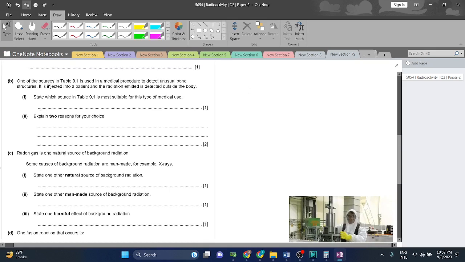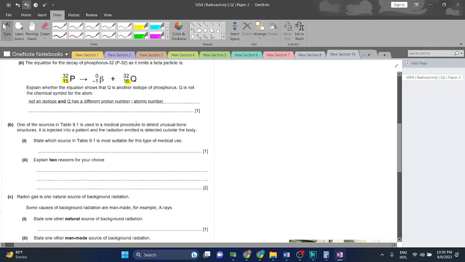Question part B. One of the sources in table 9.1 is used in medical procedures to detect unusual bone structures. It is injected into a patient, and radiation emitted is detected outside the body. So we have to keep several factors in our mind.